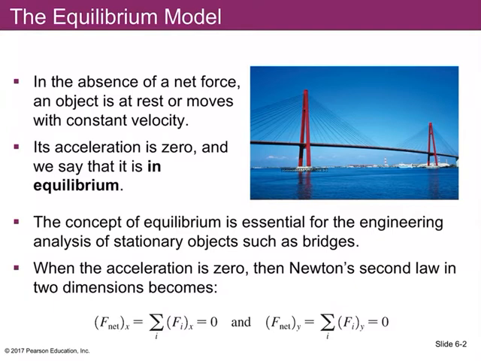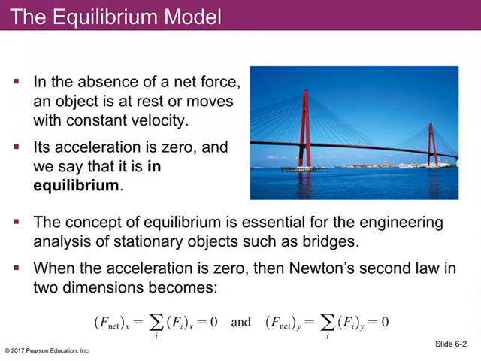Basically, at the beginning of chapter 6, we talked about forces that are in equilibrium. Just like this bridge that it's showing here, all of these forces are not moving. So they're at rest, or something is in constant velocity, then it's considered to be in equilibrium.